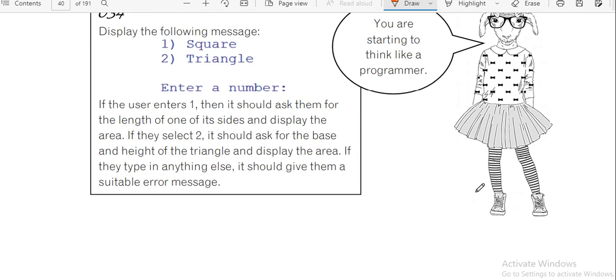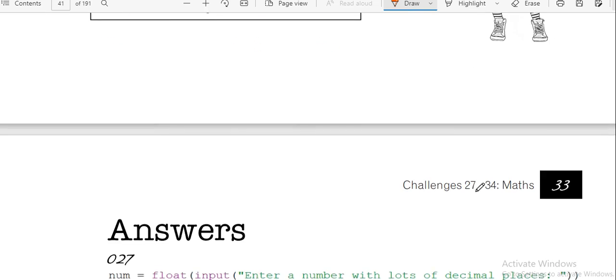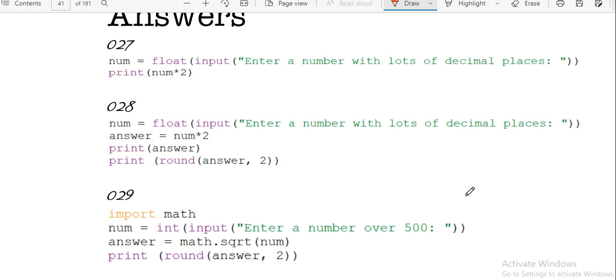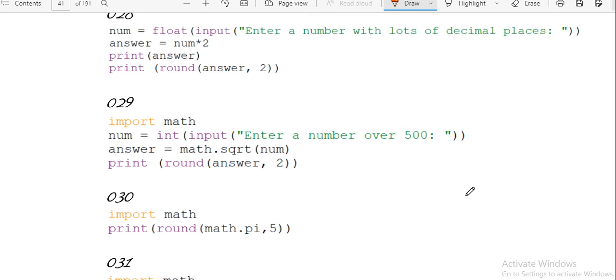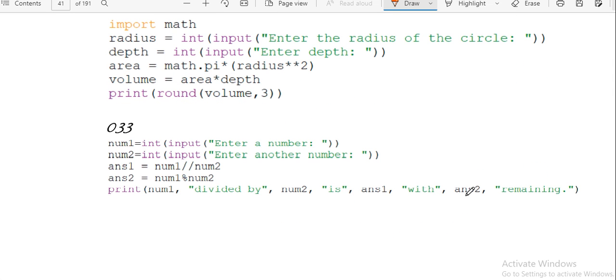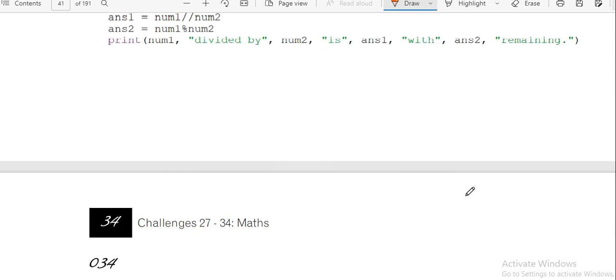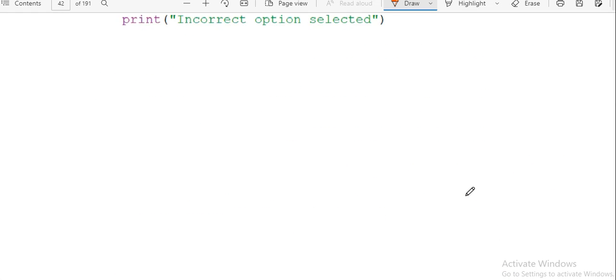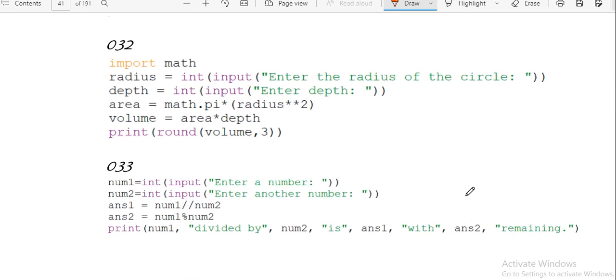And if there is any difficulty while solving these questions, you can check the answers that are written here, and you can compare your answers in case you want to check whether you have written right or wrong. So these are the answers.